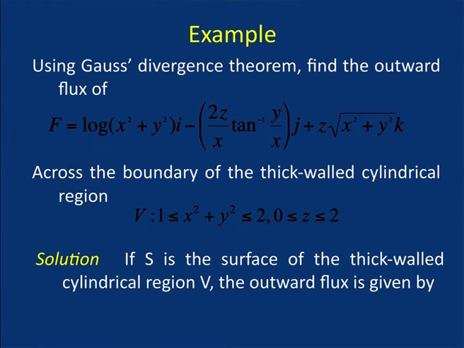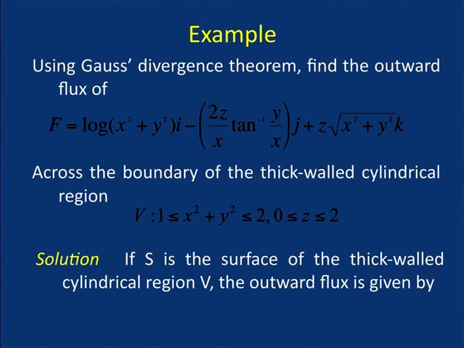Find the outward flux of the function f = log(x square plus y square) i minus (2z upon x) tan inverse (y by x) j plus z root(x square plus y square) k across the boundary of the thick walled cylindrical region V given by 1 less than or equal to x square plus y square less than or equal to 2, that is the cylinder having inner radius 1 and outer radius root 2, between the planes z = 0 and z = 2.